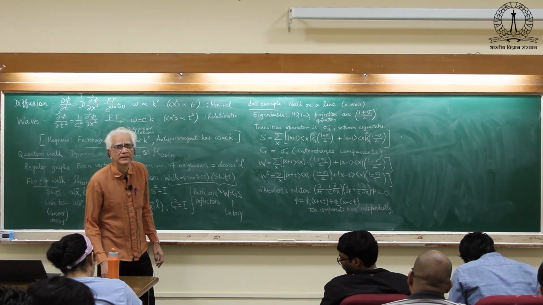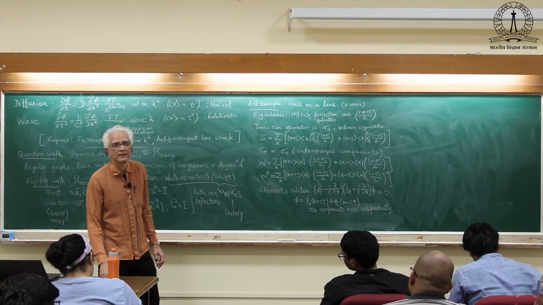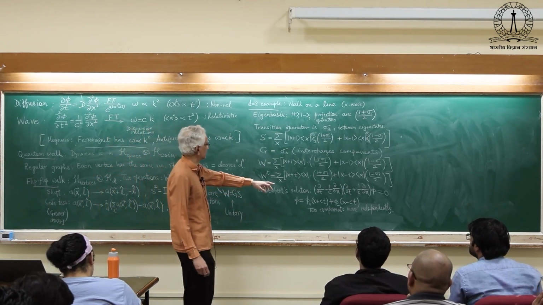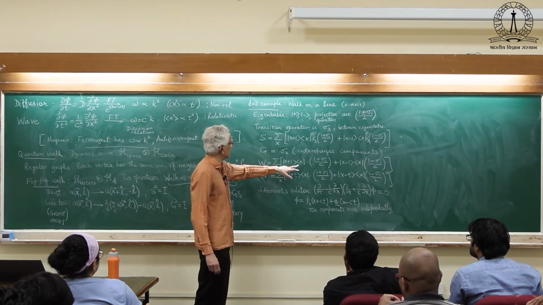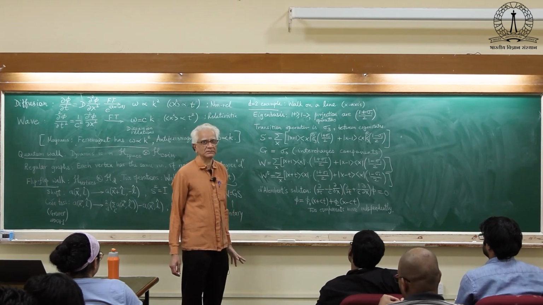In our wave equation, there is a notion of speed, but what is the notion of speed in the operator? In here, it's just equal to 1 in the normalization I have chosen. In one time step, I go from x to x plus 1. So the speed is 1.